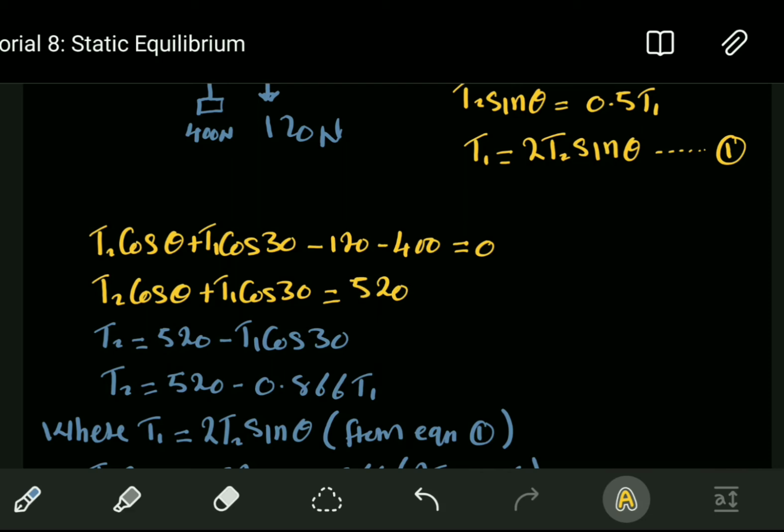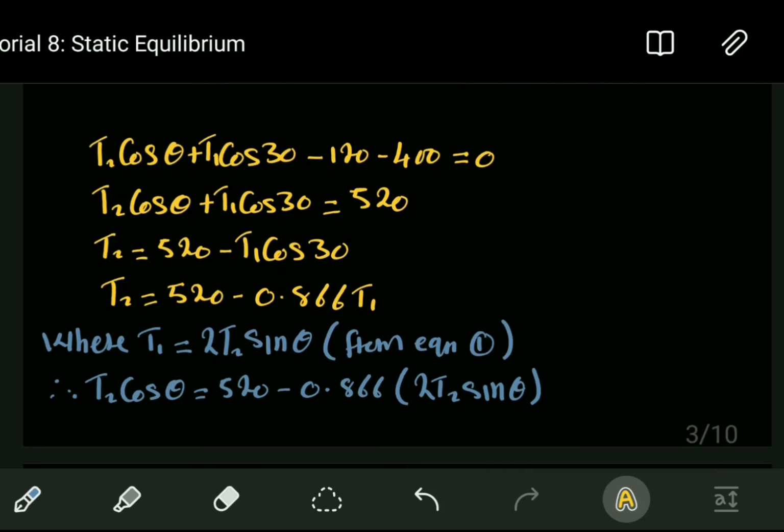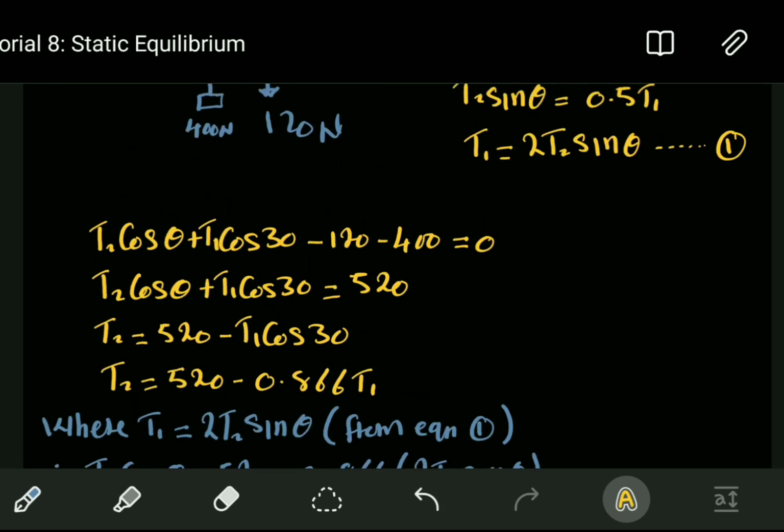520. So from here we can find an expression for T2. We'll have T2 equals 520 minus T1 cos 30. Therefore, we can further express cos 30 and get T2 equals 520 minus 0.866 times T1. So this is our expression for T2. Now, we know what T1 is from equation 1.